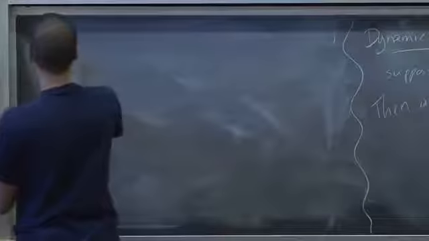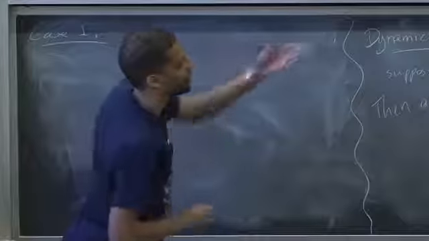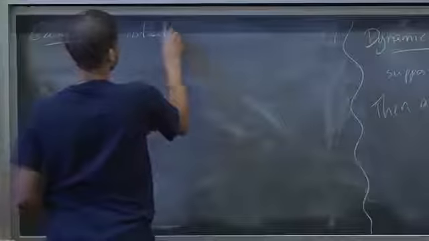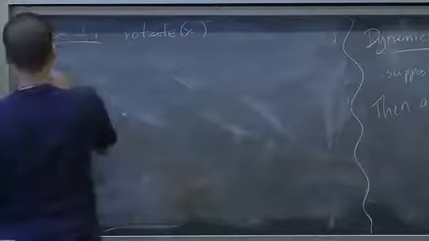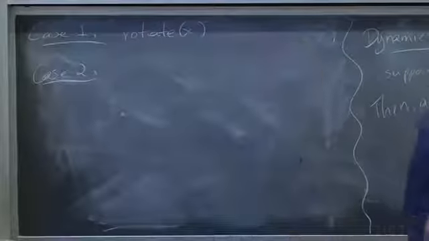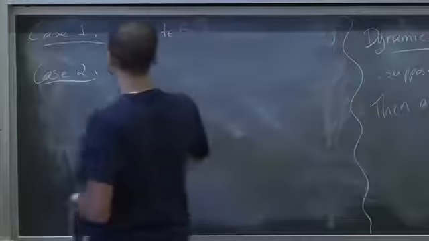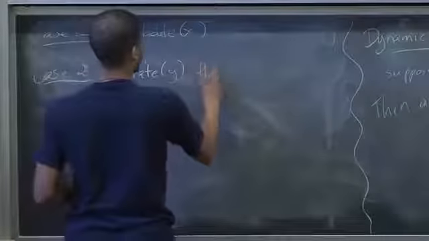So case one: y is the root. We'll just rotate x, and now x is the root. Case two: we have left, left, or right, right. We'll rotate y, then rotate x.